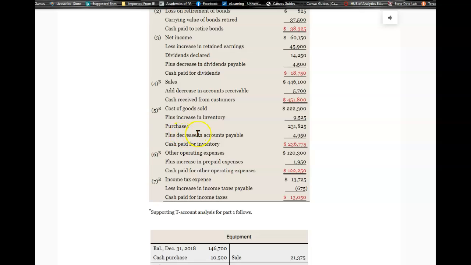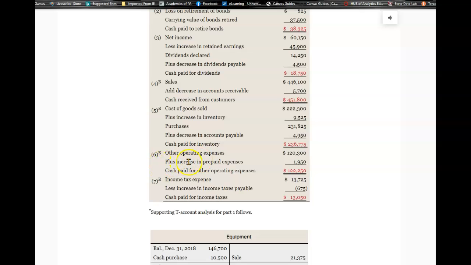And then we had a decrease in our accounts payable, and so we add the decrease in the accounts payable, because that meant we paid out cash, of $4,950. So the amount of cash that we paid for inventory during the year was $236,775.